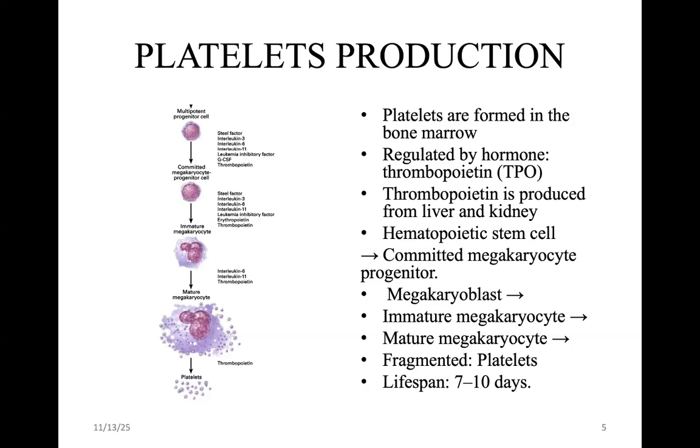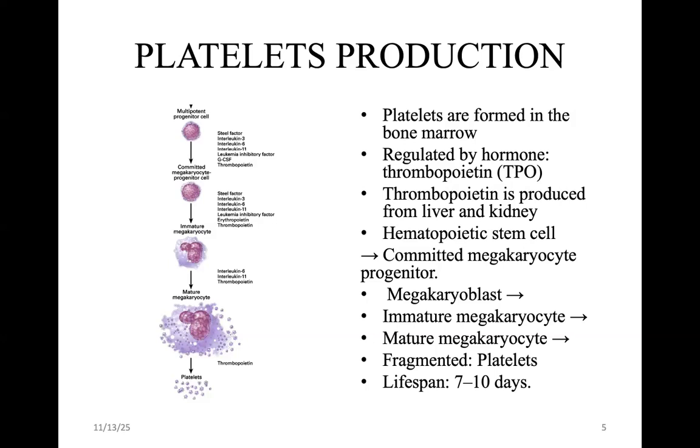Then it continues to the immature megakaryocyte, then to mature megakaryocytes. From the megakaryocyte stage, in simple terms, the platelets can come out of the bone marrow.